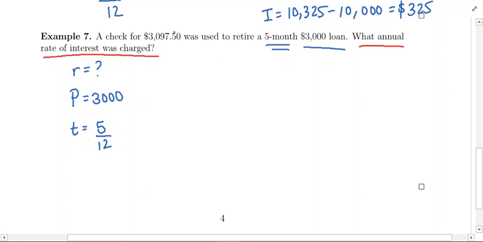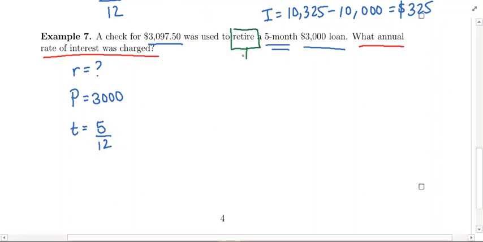That's what we're looking for. And then we've got this other number, $3,097.50. The question is, is that I or is that A? It says that you write a check for $3,097.50. That's used to retire the loan. So that fancy word retire, what does that mean?